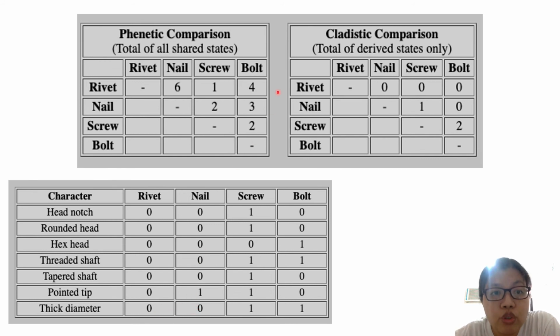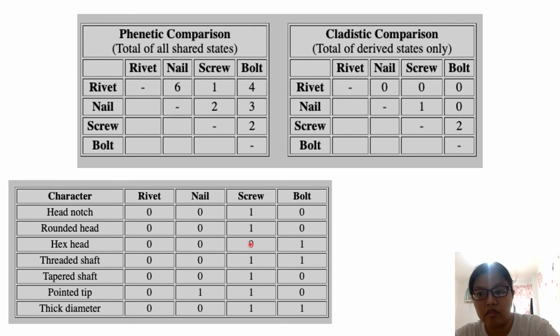Okay, for screw and rivet, they shared 1 character or shared state, which is the absence of the hex head.